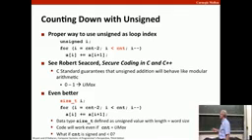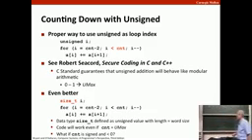One thing I'll point out is, what would happen if count were a signed number, an int, and it was less than 0? What would happen here? So i less than count, what would happen?